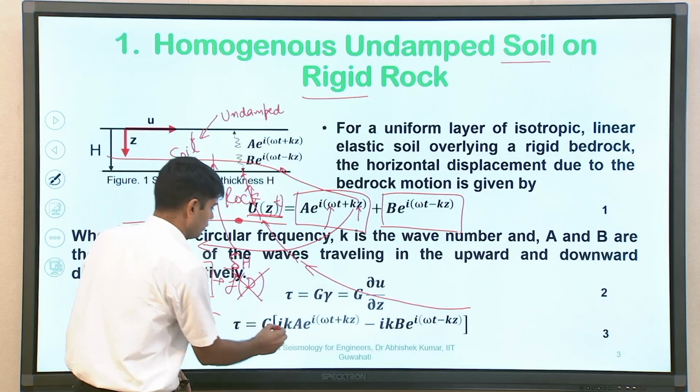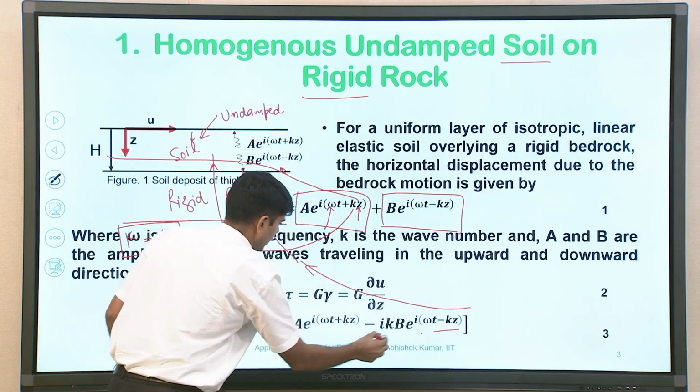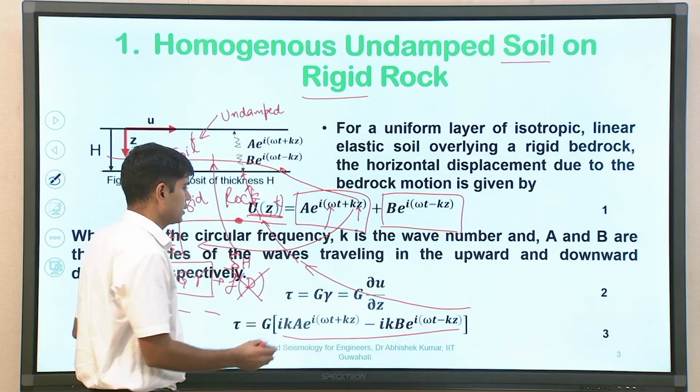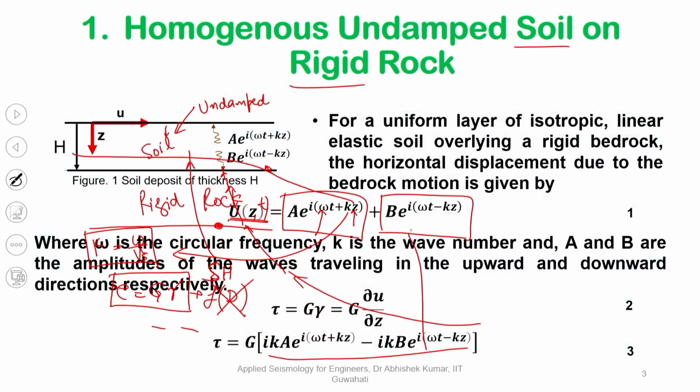So, the term given inside this particular bracket is obtained by differentiating this entire equation with respect to z. That means, differentiating the value of u partially with respect to z, you are going to get iota k times A exponential iota (omega t plus k z) minus iota k times B exponential iota (omega t minus k z).